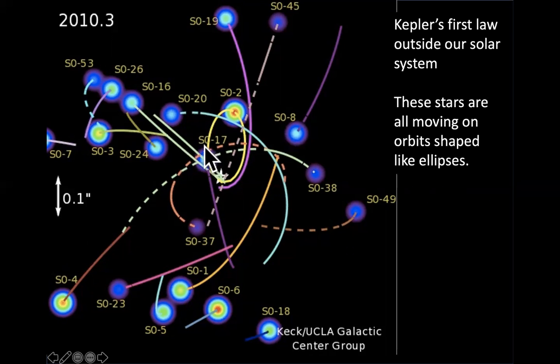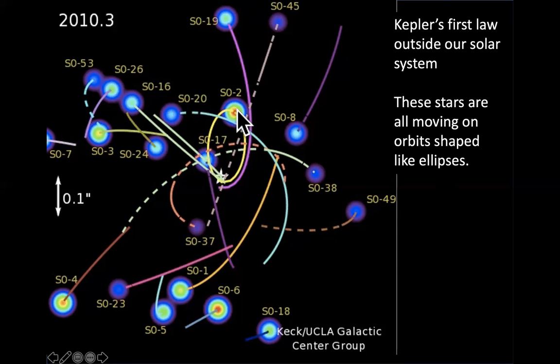This is again an illustration of the stars near the center of our galaxy. The lines indicate their motions over the course of a couple of decades, measured by various instruments. What I'll draw your attention to is this little yellow ellipse.